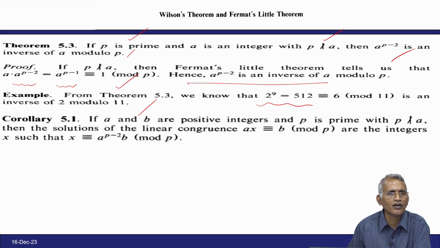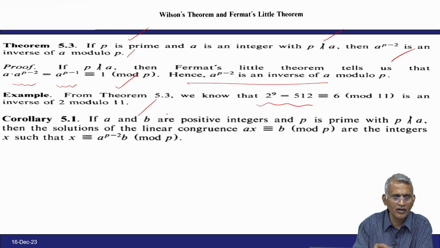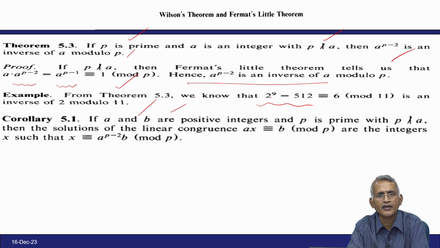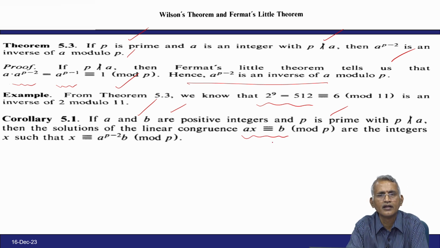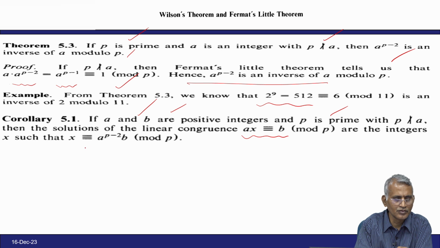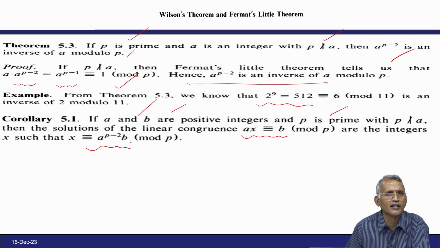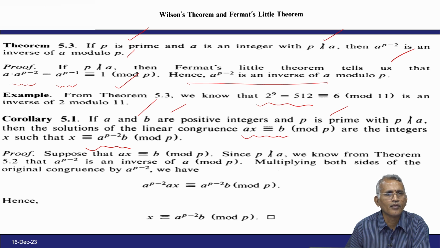Based on the corollary, if a and b are positive integers and p is a prime with p not dividing a, then the solution of the linear congruence ax identically equal to b under modulo p is x equal to a power p minus 2 into b under modulo p, as per Fermat's Little theorem. So, we can directly give the solution to the problem.